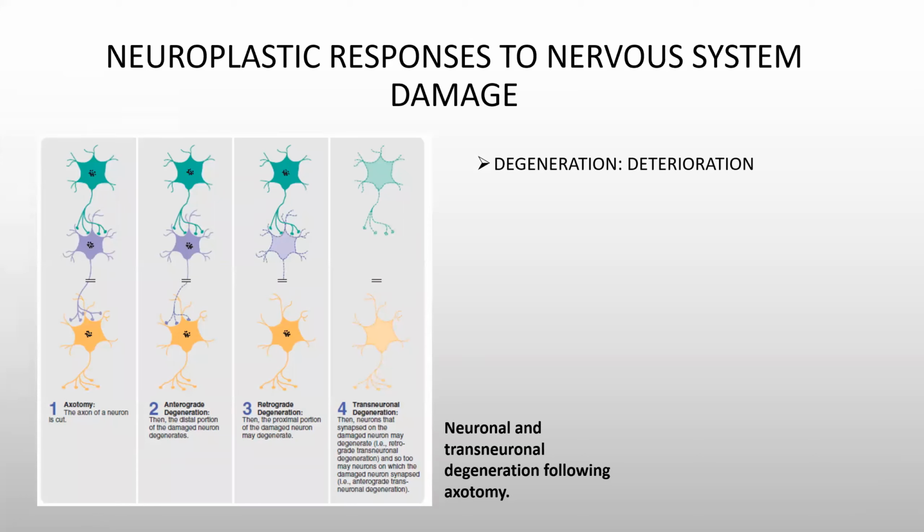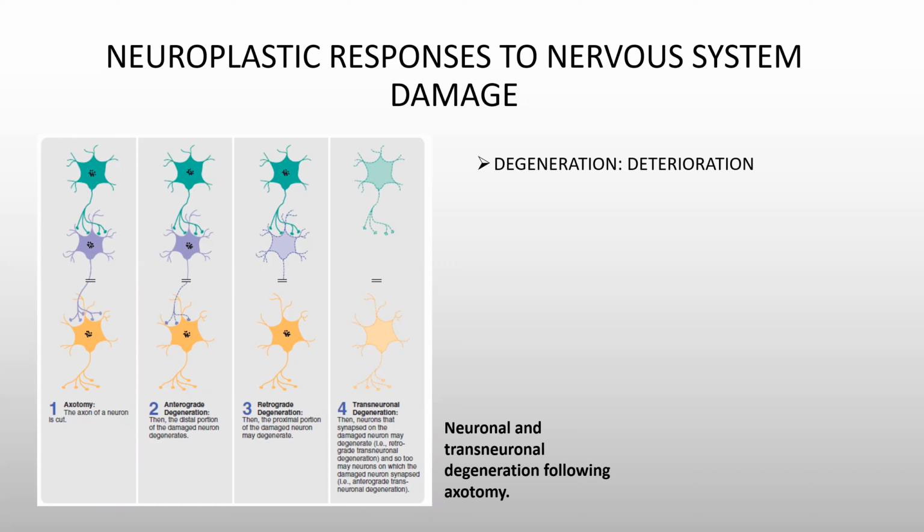Now we're going to discuss a little bit here on what actually happens to the neurons because of damage. And here we start with degeneration or deterioration. Look at the figure on the left there. Number one, axotomy. And axotomy just means that the axon has been cut. So we'll refer to purple neuron and yellow neuron.